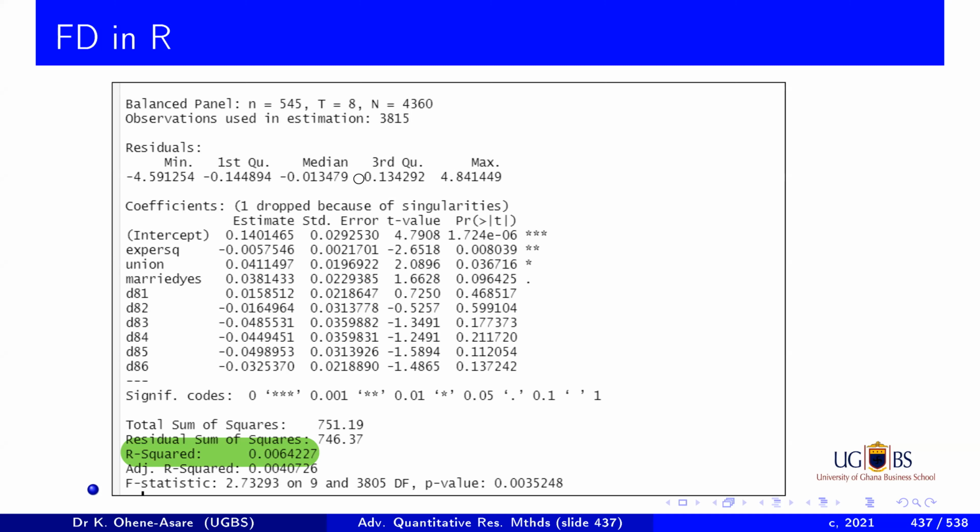And so it is indicating that the experience square has been dropped, but actually it's not a big problem. It's not a big problem because it's part of the unobserved factors anyway. But when there's a high correlation between the two, and I did that later on to check the high correlation, that is when one will be dropped because of singularity. They are the same, but they are not.